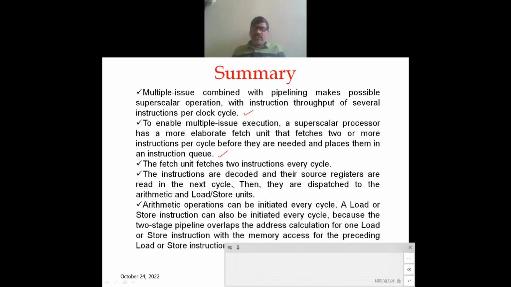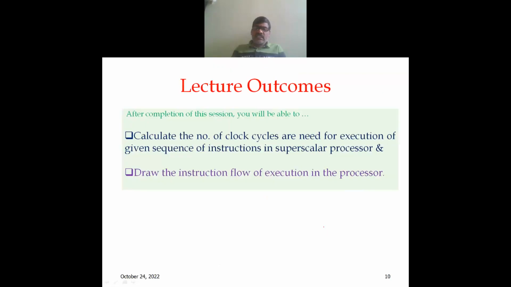Then they are dispatched to the corresponding arithmetic unit as well as load or store units. And arithmetic operations can be initiated every cycle, as we have just seen, and the load or store instructions can also be initiated in every cycle because the two-stage pipeline overlaps the address calculation for load or store instructions with the memory access for the preceding load or store instructions. So this is the summary of this CDT.